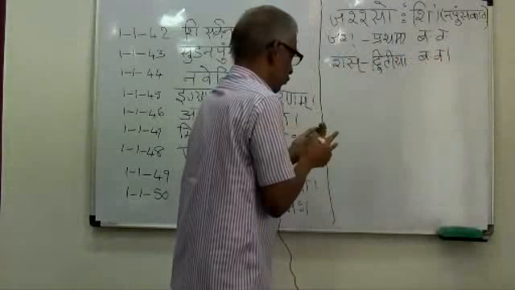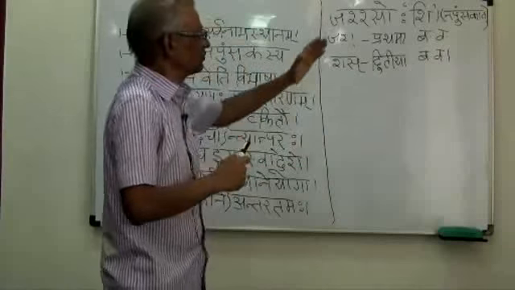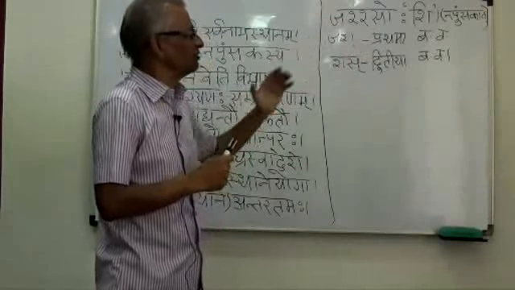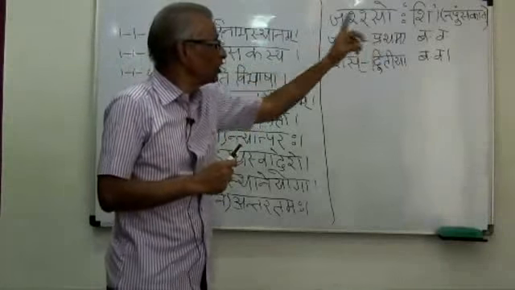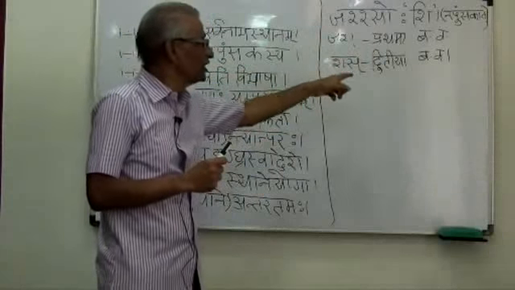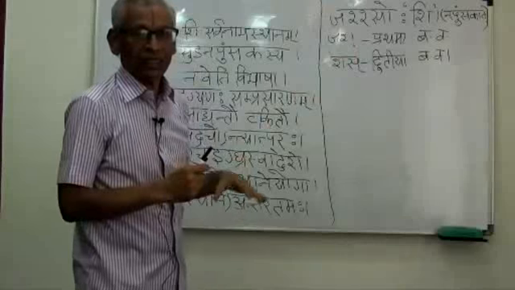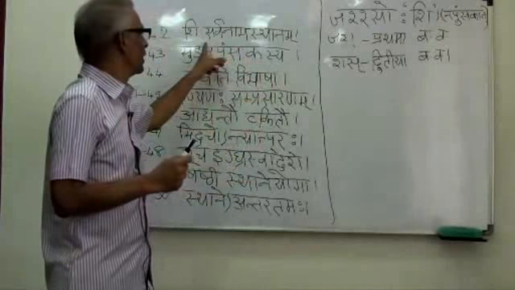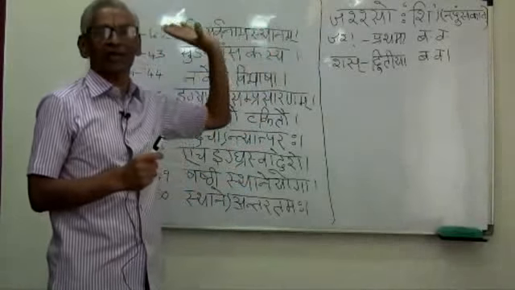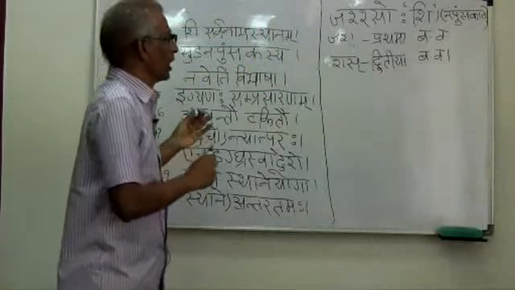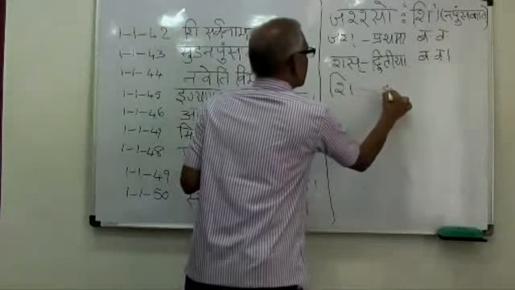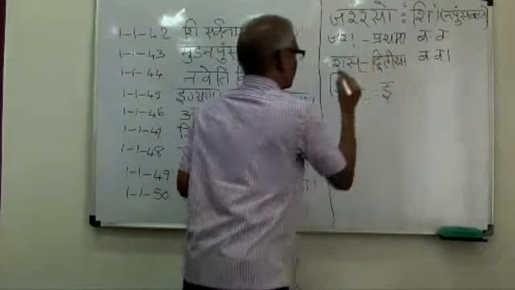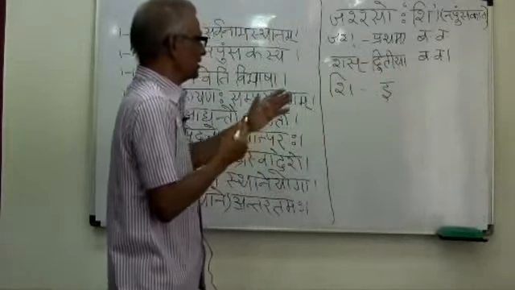So we have to infer that for Napumsakalinga Pratipadikas, this Prathama Bahuvachana Sthanam and Dvitiya Bahuvachana Sthanam are supposed to be called Sarvanama Sthana. Shi means, when Shakara is dropped, it results in I.